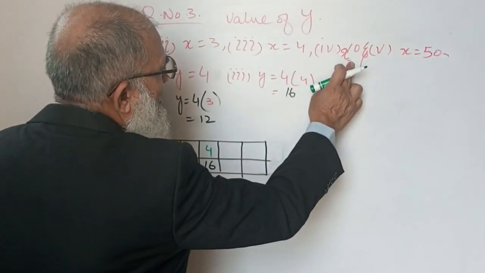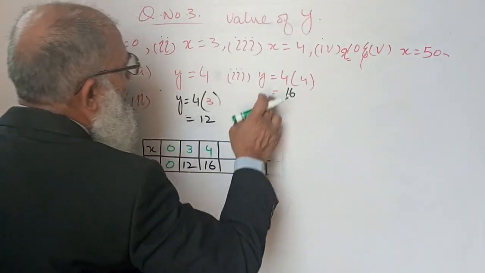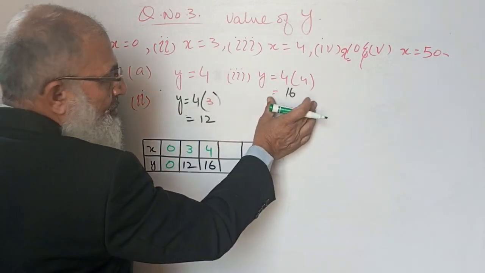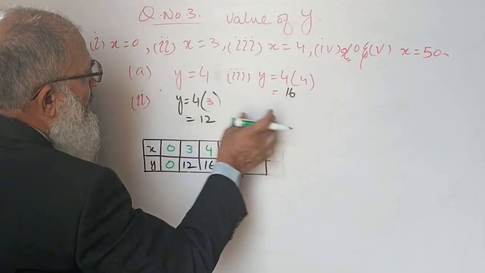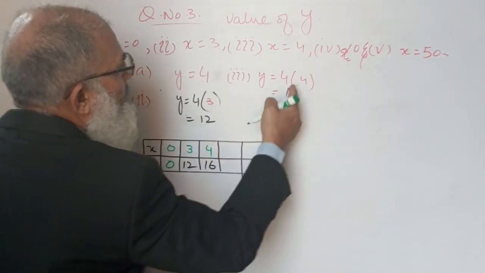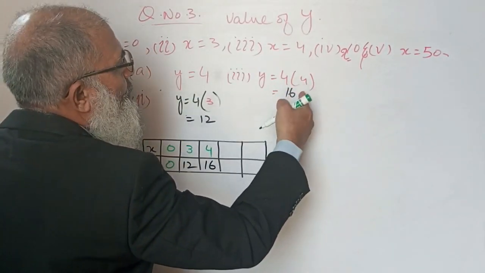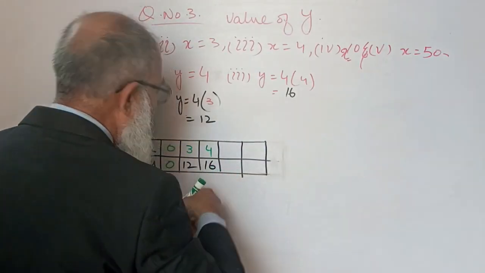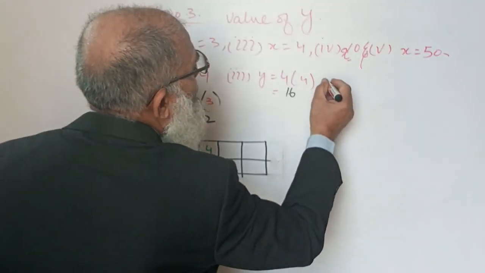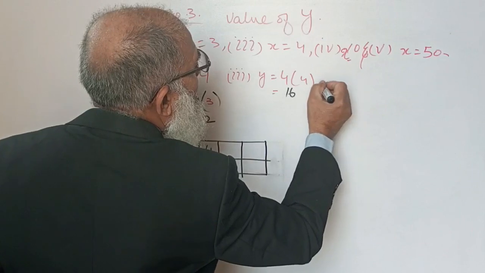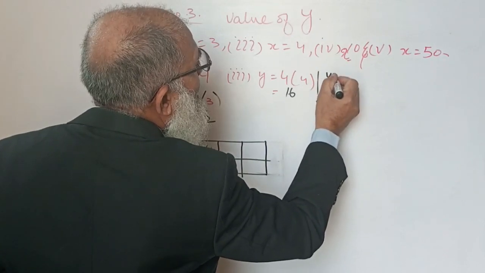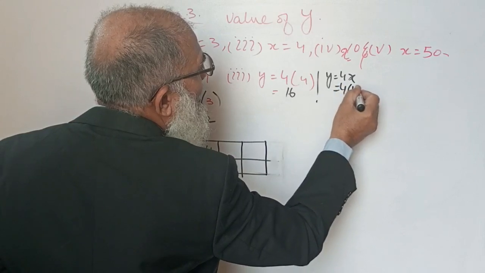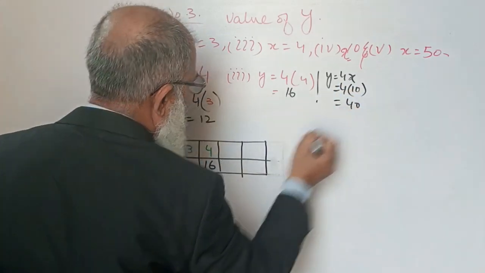Similarly, for 10, the value will be 10 multiplied by 4. Simply the same procedure: you write 10 instead of x over here, then you will get 40. Let me do it so that you are not confused. y is equal to 4x, that is equal to 4 multiplied by 10, that is equal to 40.